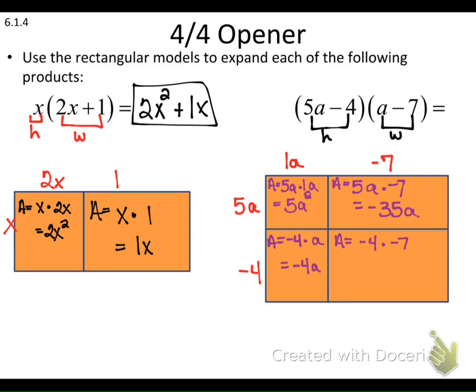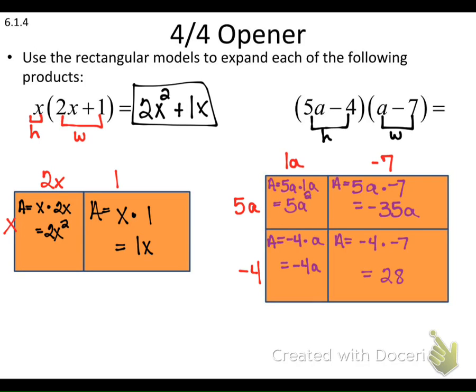Which equals? Get your calculator out. Where's your book bag? You don't have your calculator in your... Uh-oh. So where's your binder at? What's negative 4 times negative 7, you guys? Positive 28. Good.